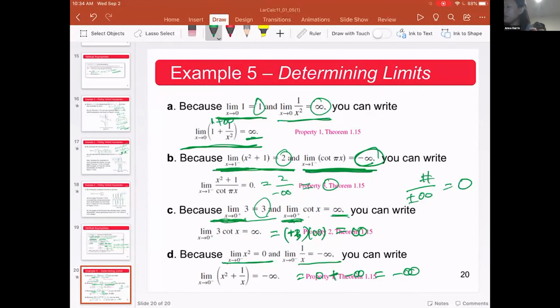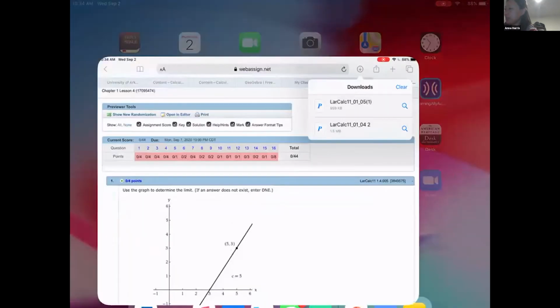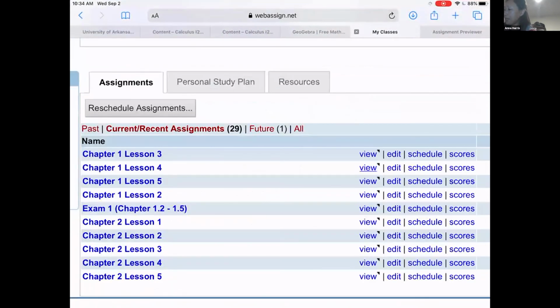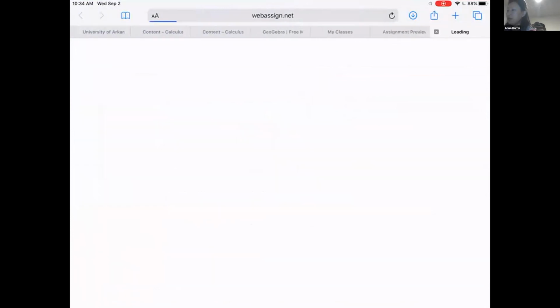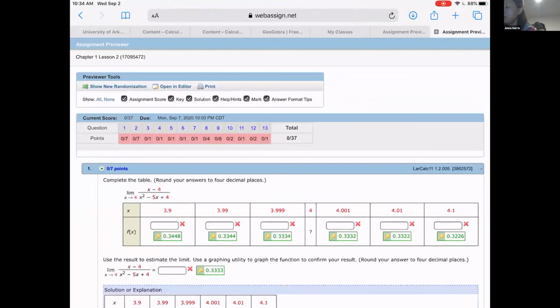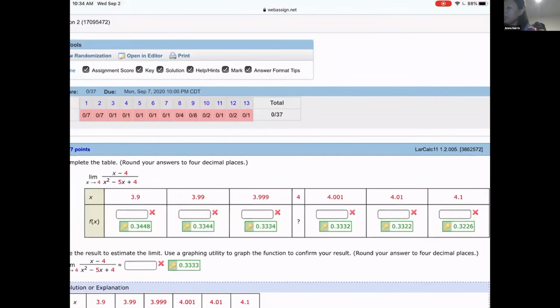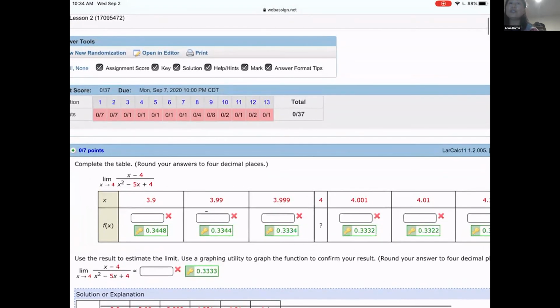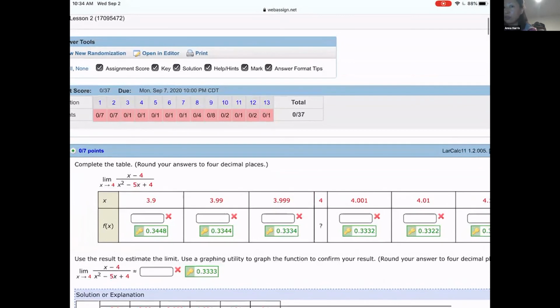Okay, so that's it for 1.5. So I'm going to look at your 1.5 homework. All right, so again, you can do this problem. You can use Julia, or a calculator, or GeoGebra, whichever you want to use.